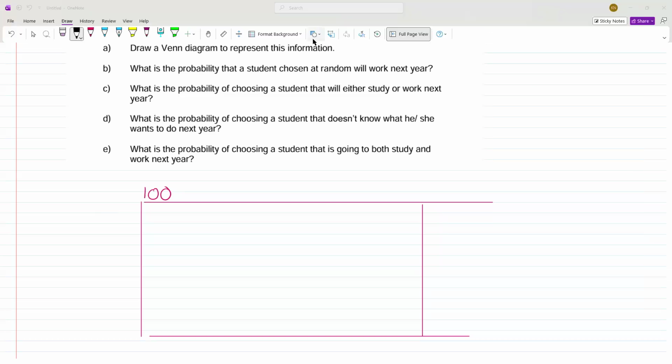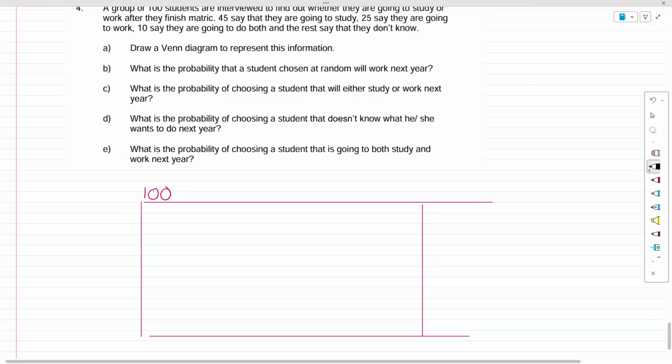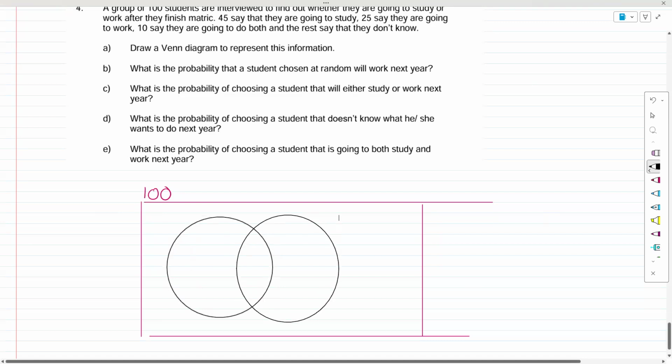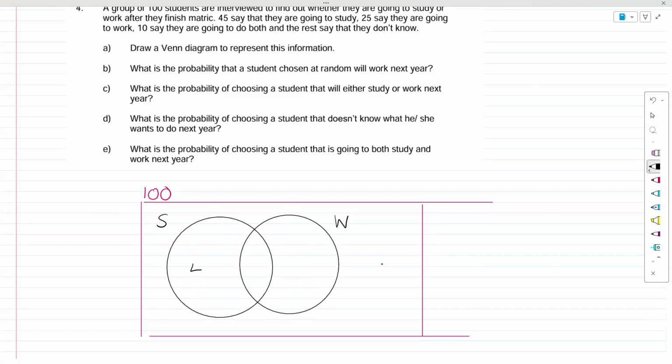So if we deal with this, quite simply, we got 2 circles. For the 2 circles, I would label it as study and work. I know 45 people want to study. They gave us 10 people want to do both, and they said 25 want to go to work. Okay? Draw a Venn diagram with this information.